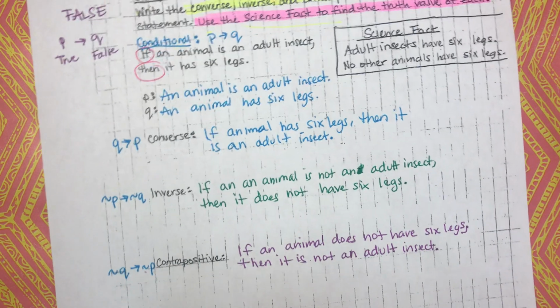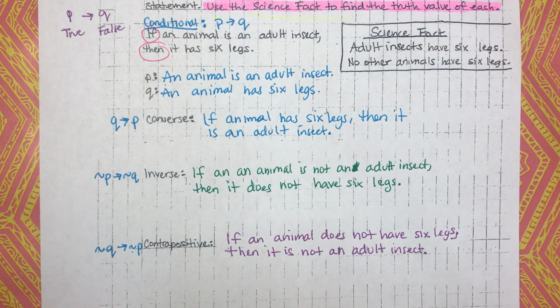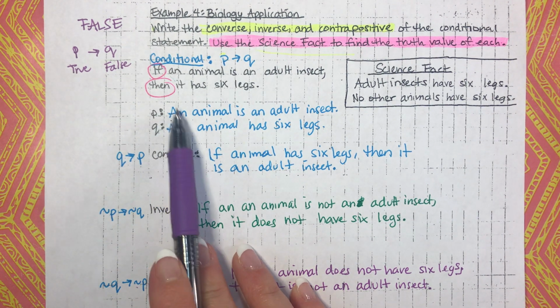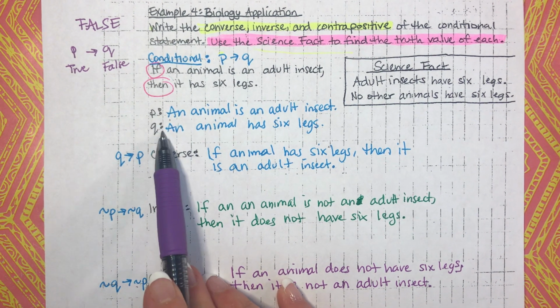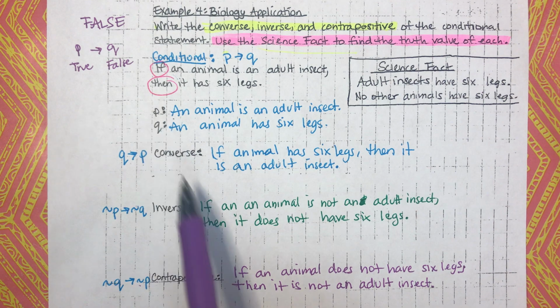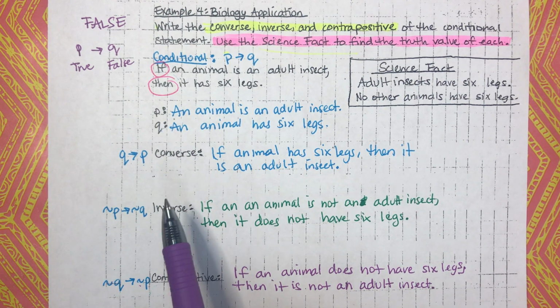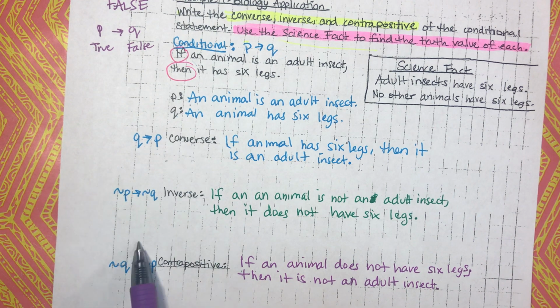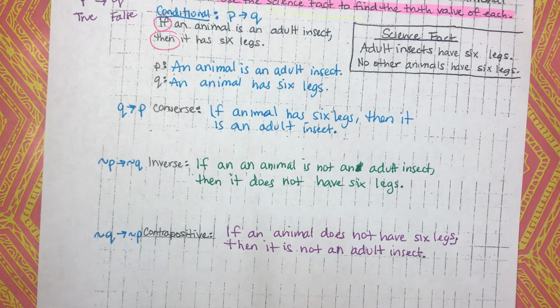All right, there we go. So we had the conditional here, and from that conditional we defined what the hypothesis and the conclusion were. And from there we wrote the converse, the inverse, and the contrapositive. It's always helpful to write those symbols and then write them all out.